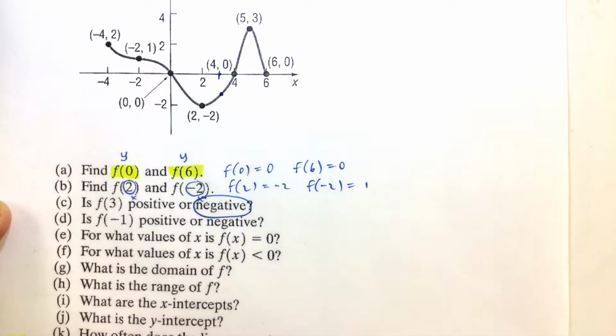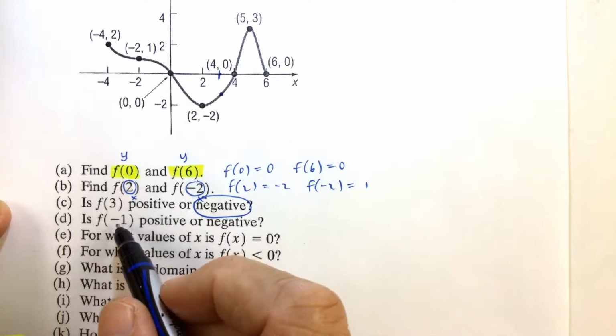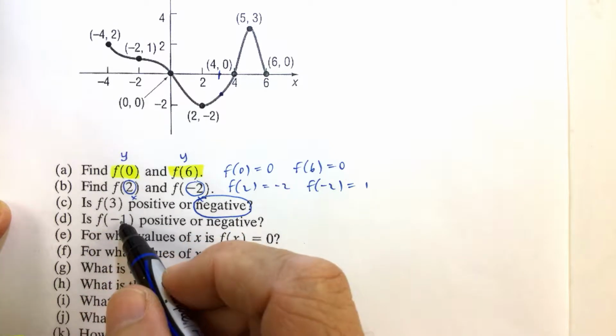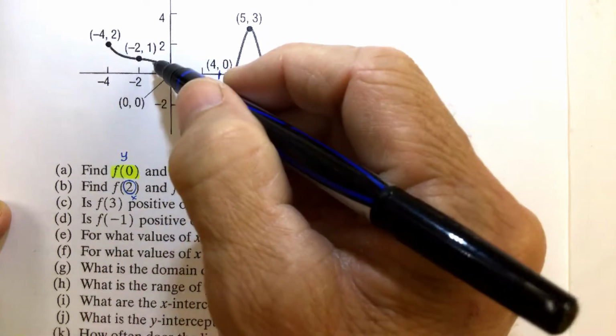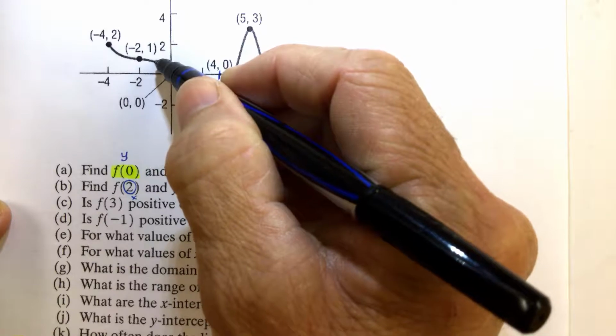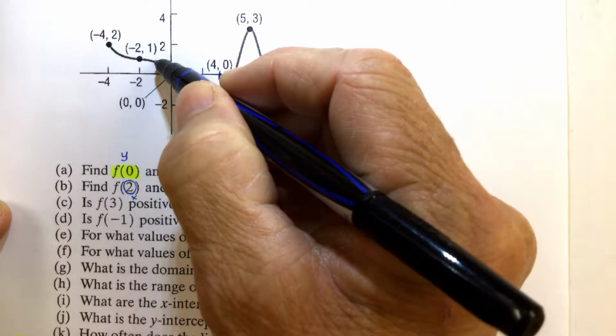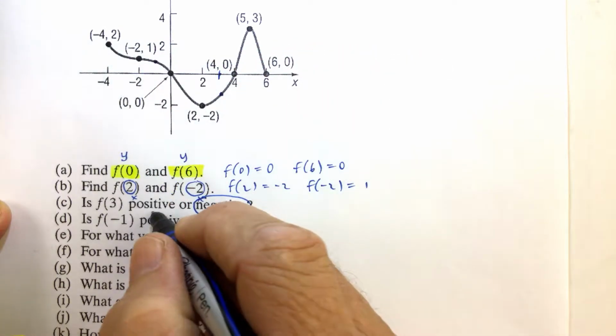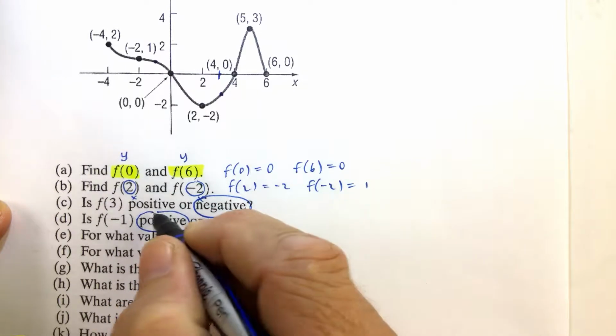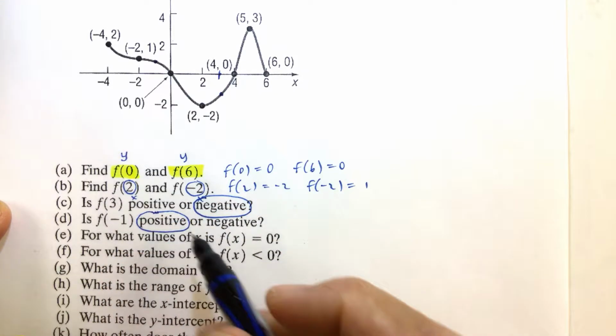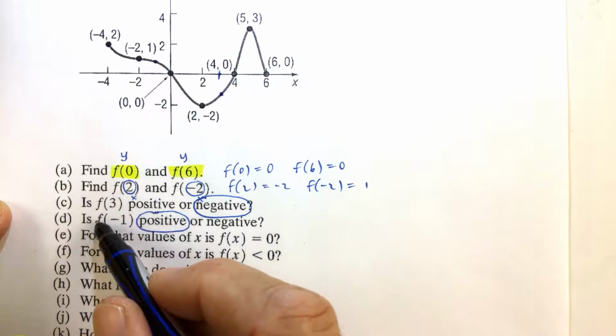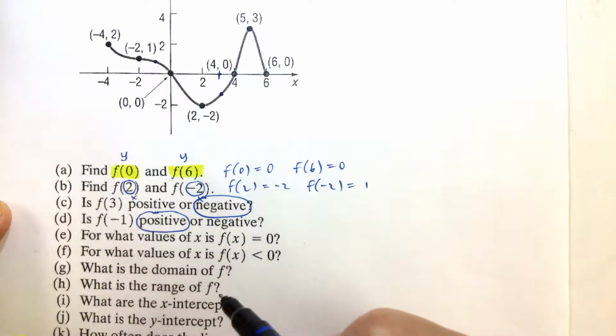So we'll just circle negative. Likewise, with f of -1, we're being asked what's the y value when x is equal to -1. Well, the y value clearly is above the x-axis, and therefore the y value when x is -1 is positive. So therefore, f of -1 is positive.